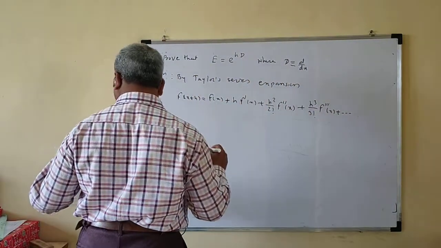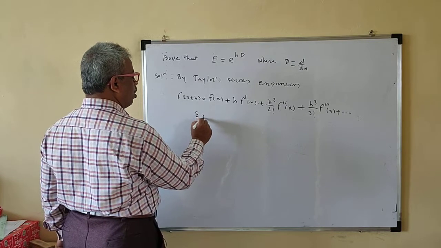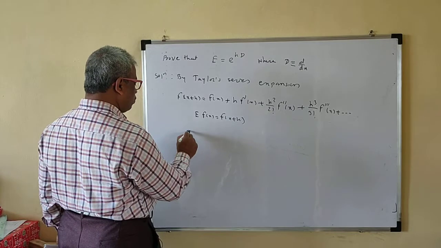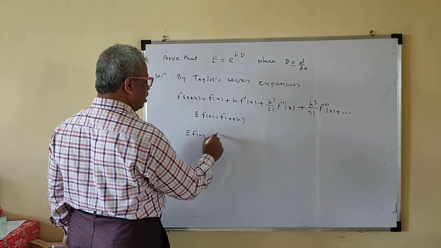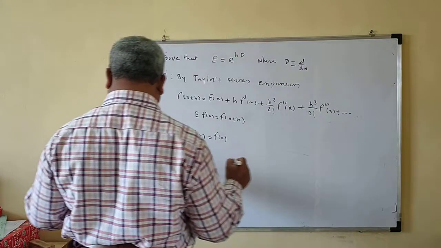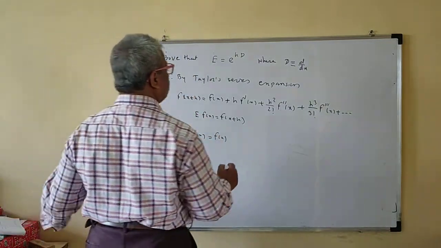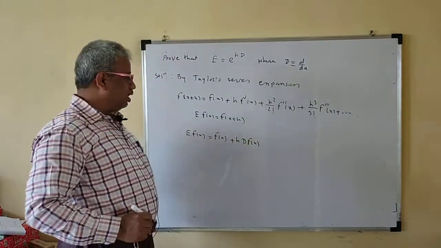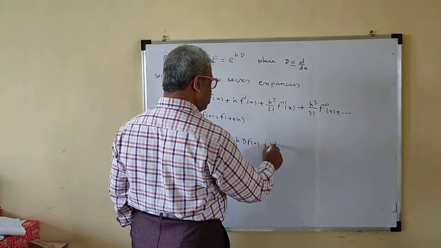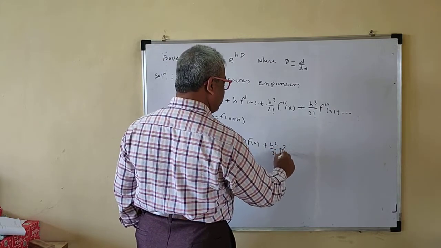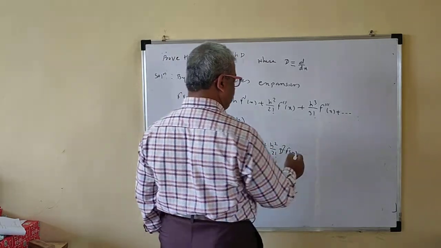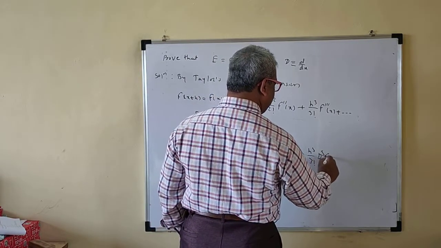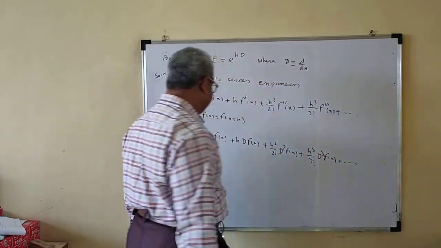Okay. So E of f of x is f of x plus h. So this is E of f of x is f of x plus h D f of x plus h square upon 2 factorial D square f of x plus h cube upon 3 factorial D cube f of x plus dot dot dot.